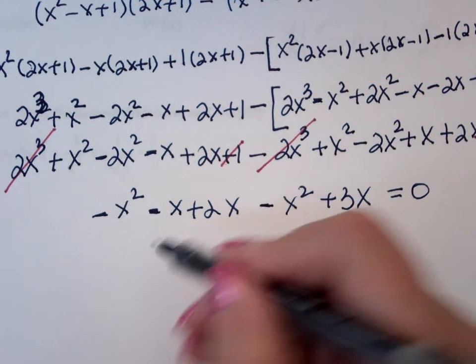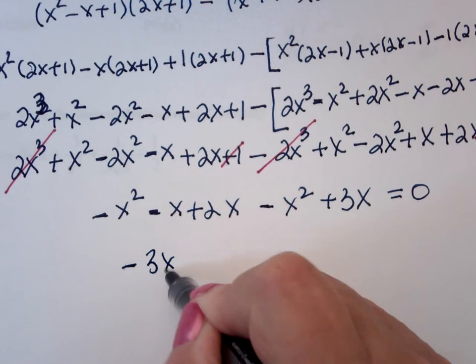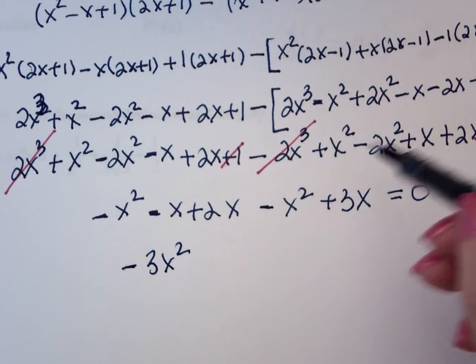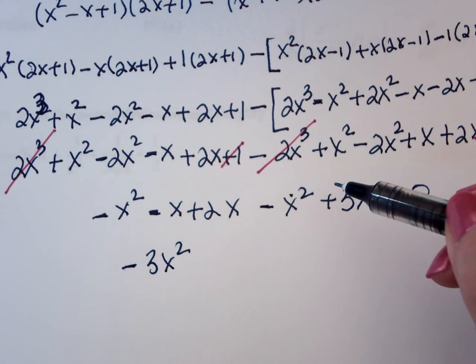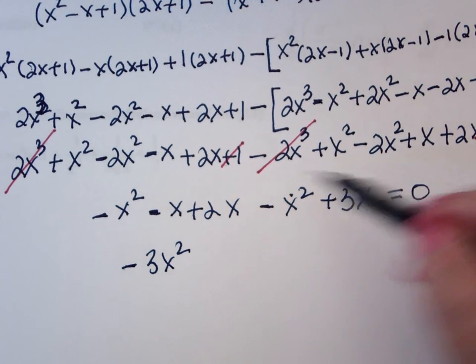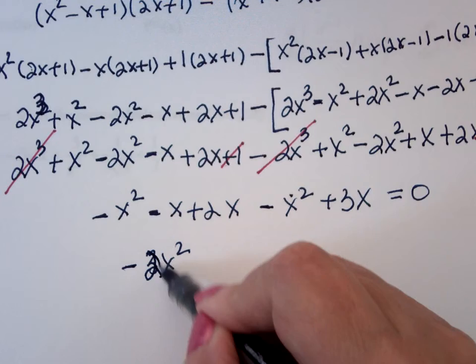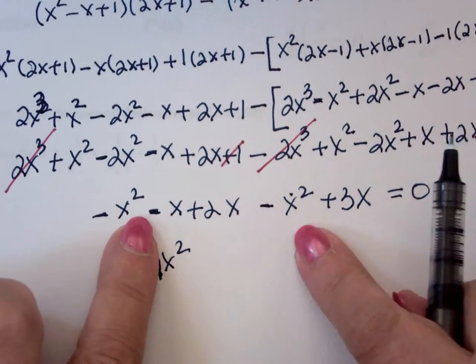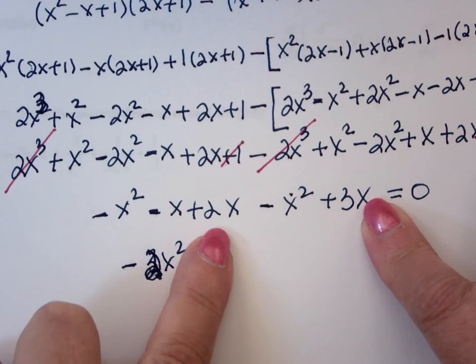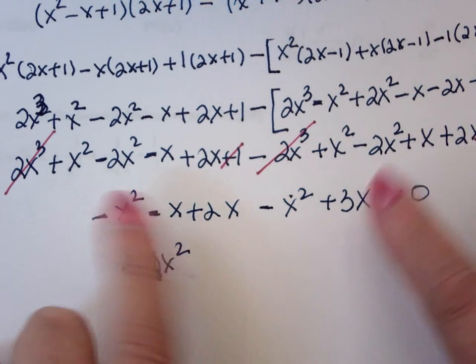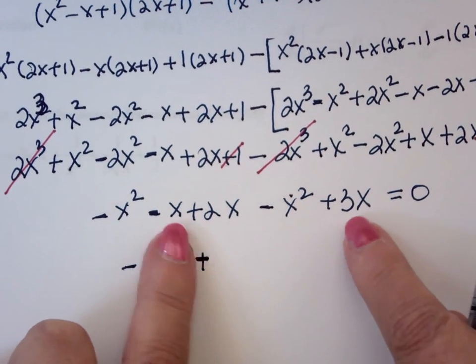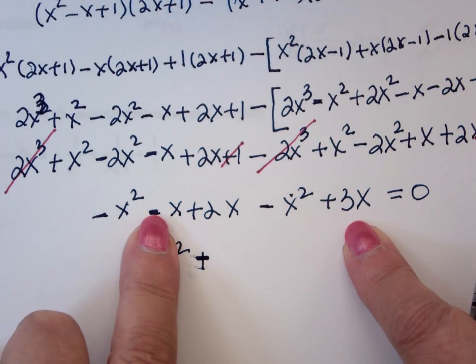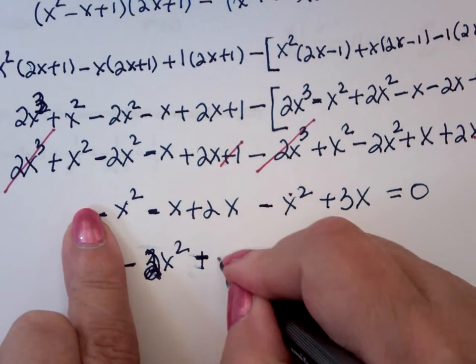And we're going to have a minus 3x squared, x squared, x squared. There's the third one. Is it 2x squared? No, it's a minus 2x squared. Because here's this, there's your 3. 2x and 3x is 5x. This is going to be a 5x plus 1 minus 1x is a plus 4x.